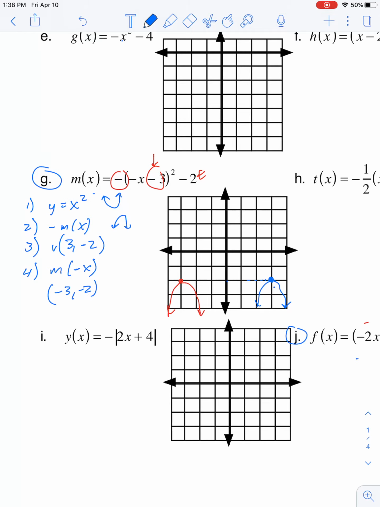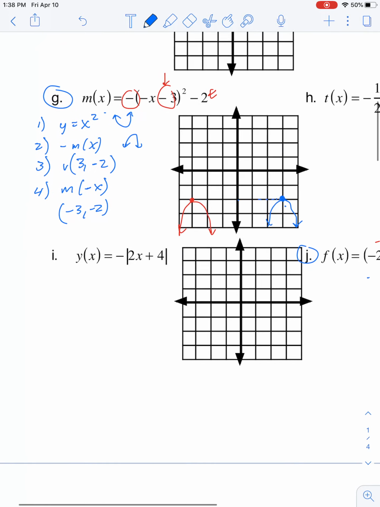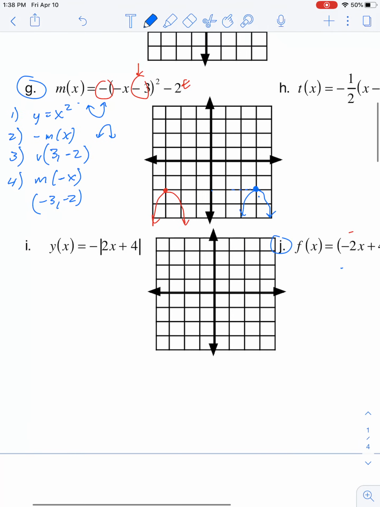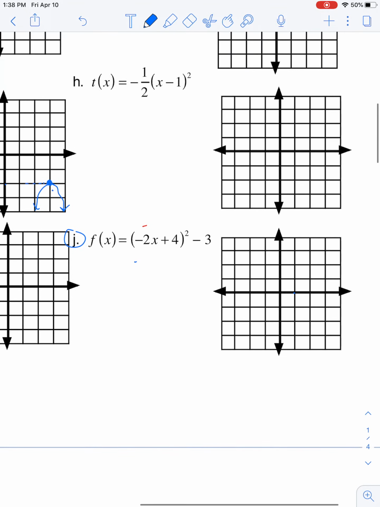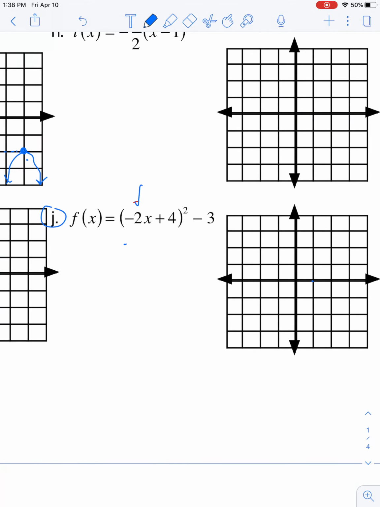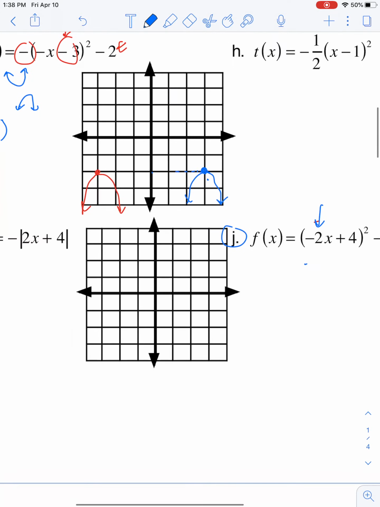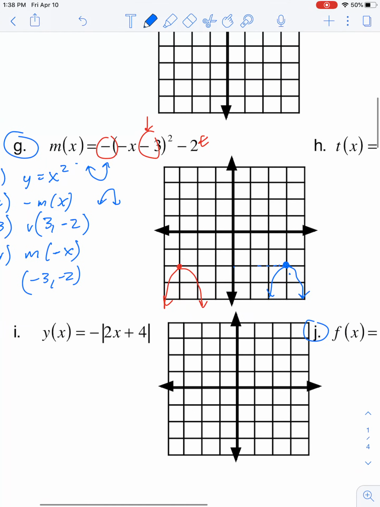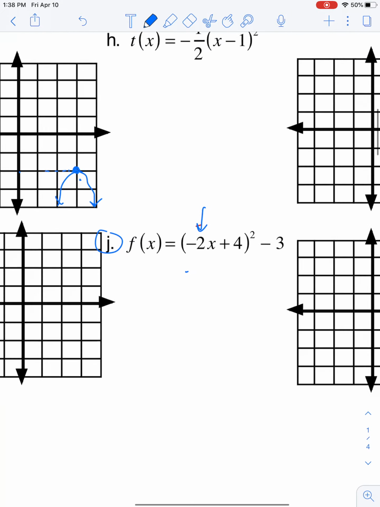All right, going on to J, that last problem on the page there, which will be a little more involved because I have that 2 on the inside there. And we need to factor that out because we want to get it looking like what we have up here with no coefficient on that x.